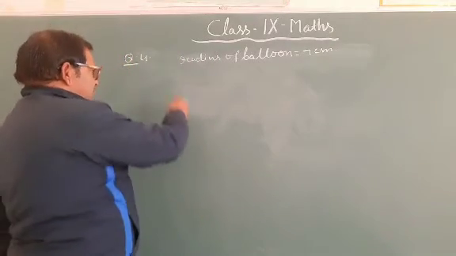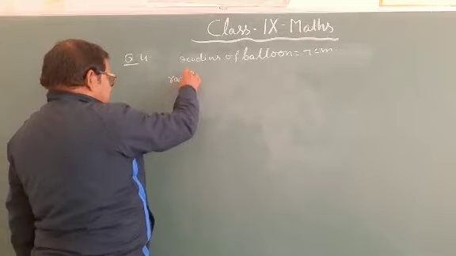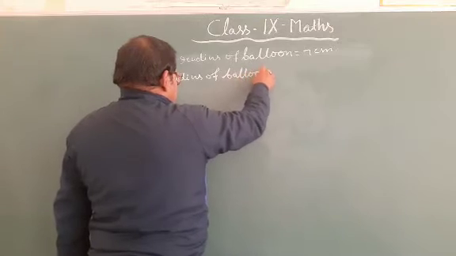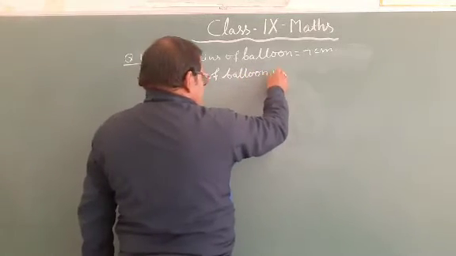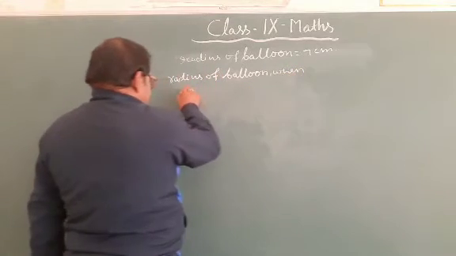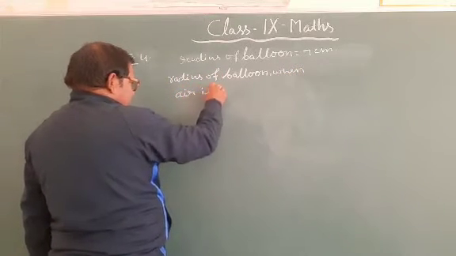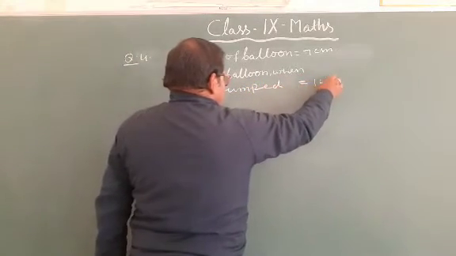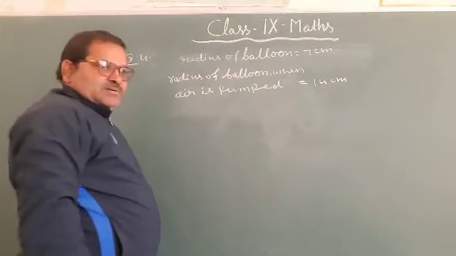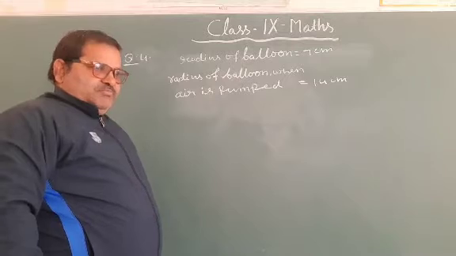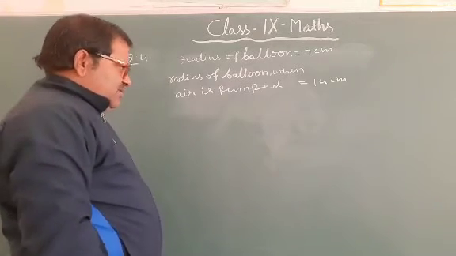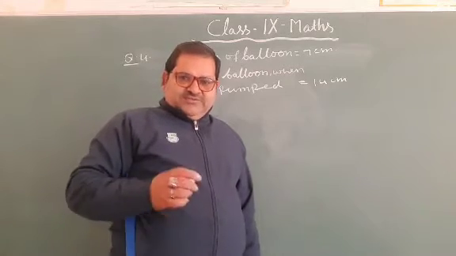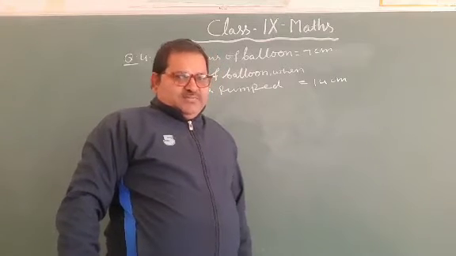Radius of balloon when air is pumped equal to 14 centimeter. The surface area before the air being entered and surface area after the air being entered.